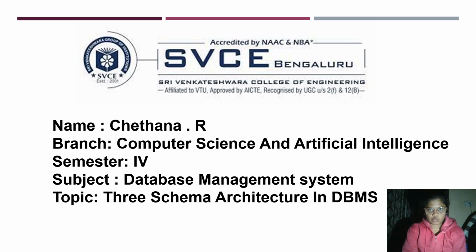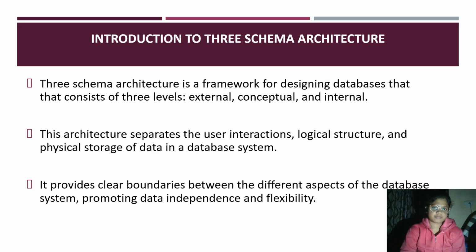In this video, let us see the three schema architecture in DBMS. DBMS is nothing but Database Management System. Three schema architecture is a framework for designing databases that consists of three levels: external, conceptual, and internal.